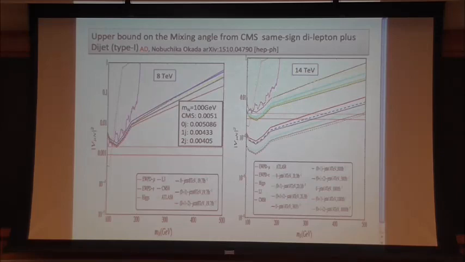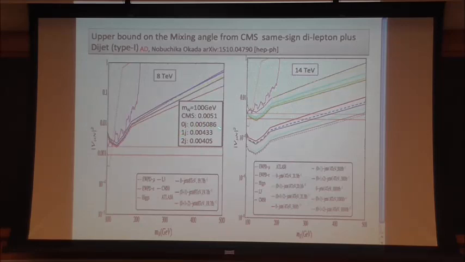Now we pick up the CMS result, and using the CMS same sign dielectron, we do the same. We compare our result with the given CMS and ATLAS results, and we find that at heavy neutrino mass 100 GeV, this is the CMS prediction, and our 0-jet mixing angle squared is 0.005086.